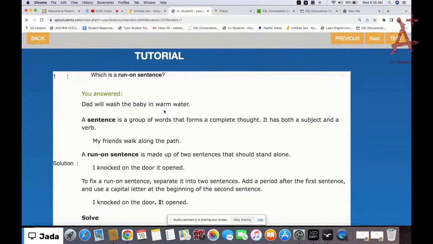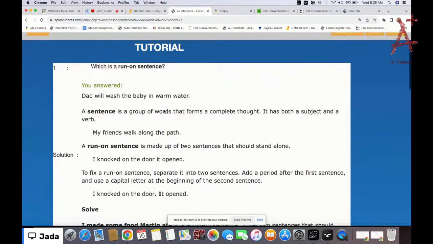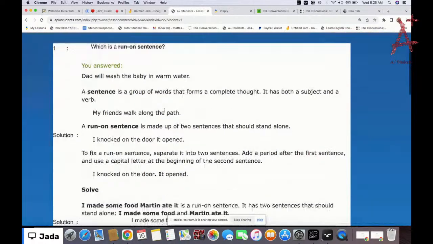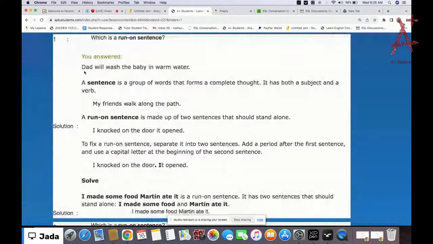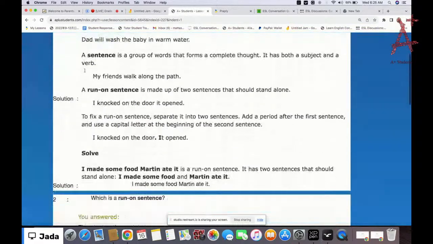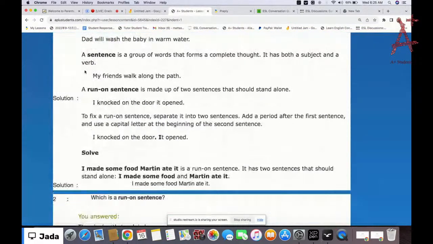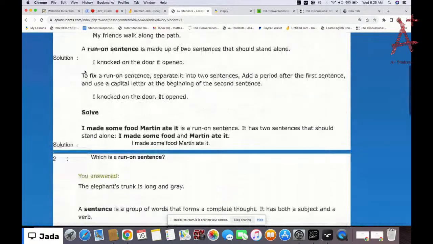Dad will wash the baby in warm water. So that's a complete sentence because it has a subject and then it also has a verb. All right. So let's move on to the test now.